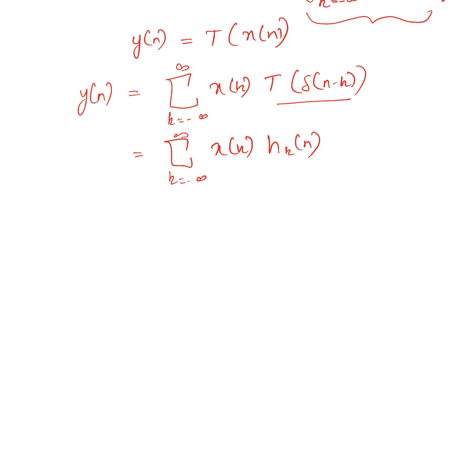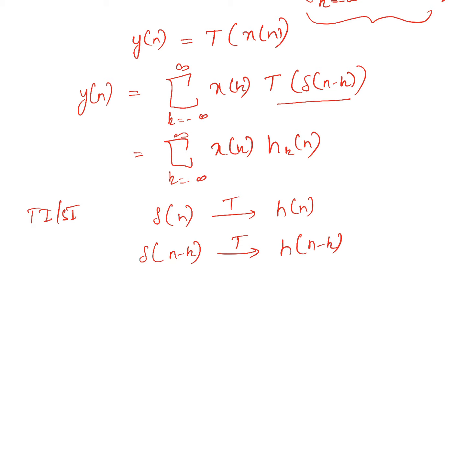Now using the property of time invariance or shift invariance: if I have the impulse signal delta of n applied to the same system T, then I get some response, which we define as the impulse response. Time or shift invariance says that if I shift this impulse signal by some k number of samples, then the response should also be shifted by the same number of samples.